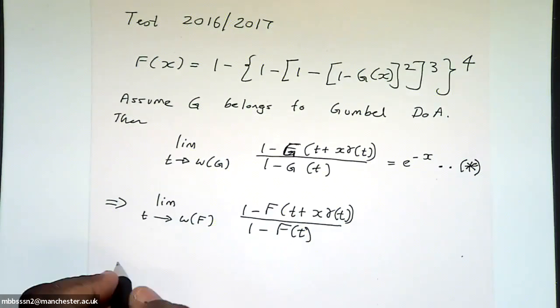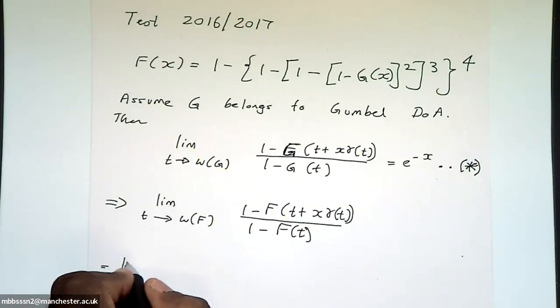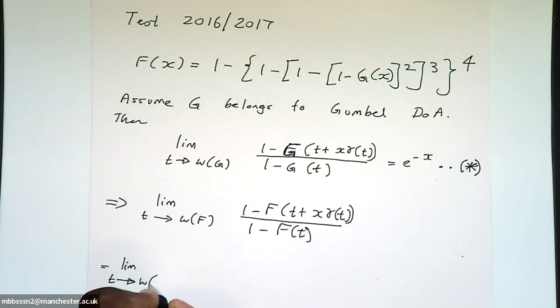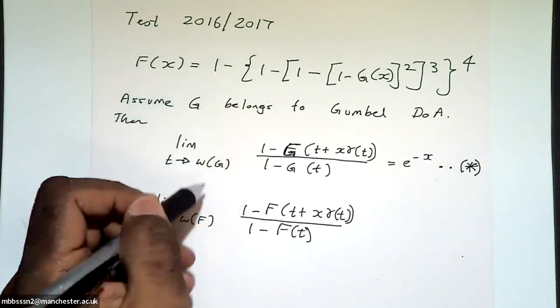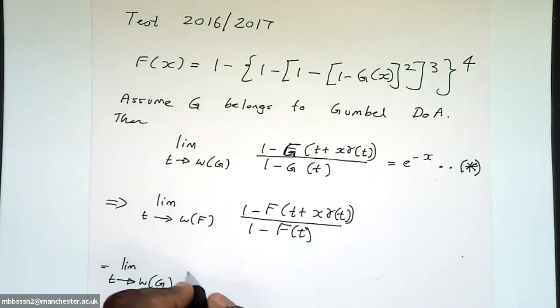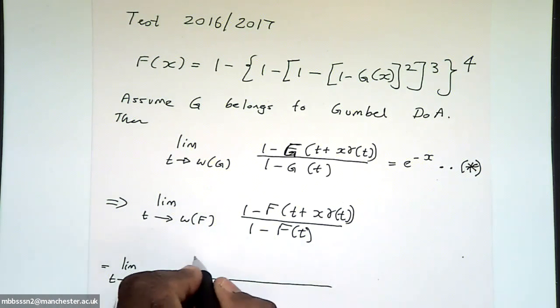Now I'm going to replace W of f by W of g in the first line. Now the 1 and the 1 here, this one here cancels with the 1 here, right? So you have in the top, you will have the following.